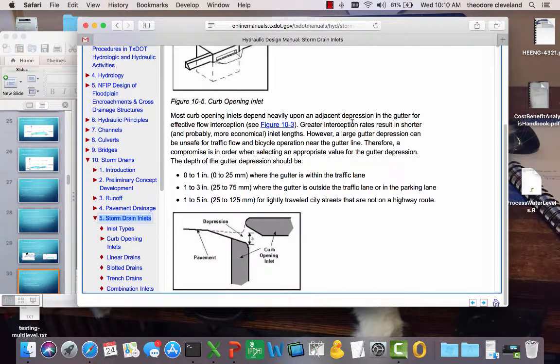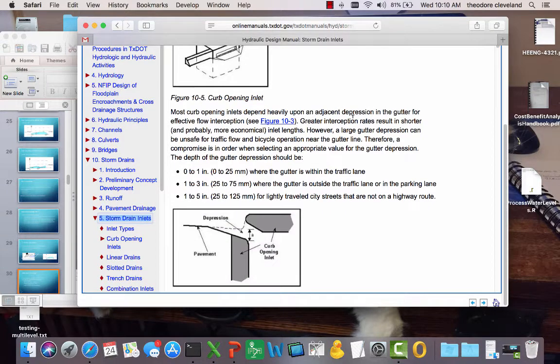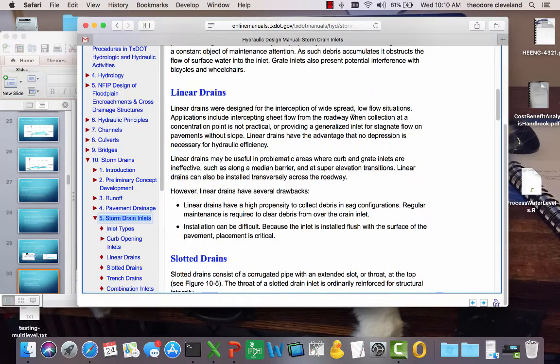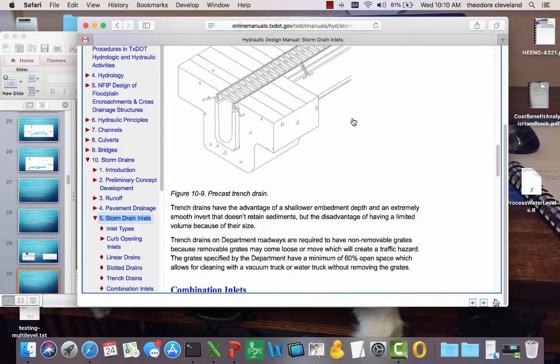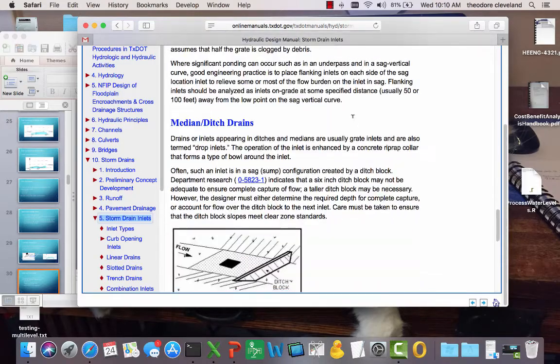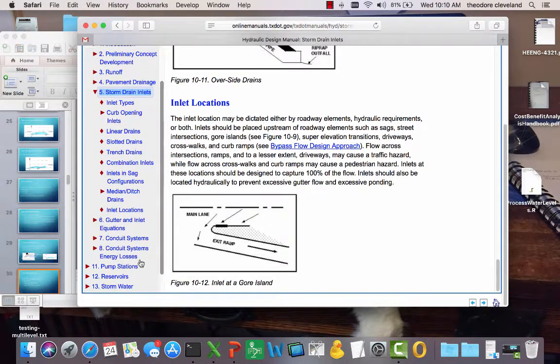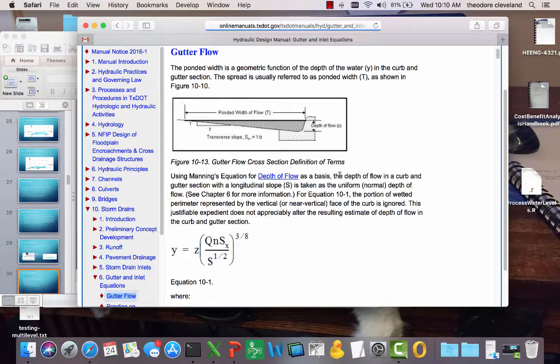So in this diagram, it discusses the different kinds of inlets. And then as we move on down, it discusses the location of inlets, where to locate inlets, and then finally it goes into the various flow calculations.